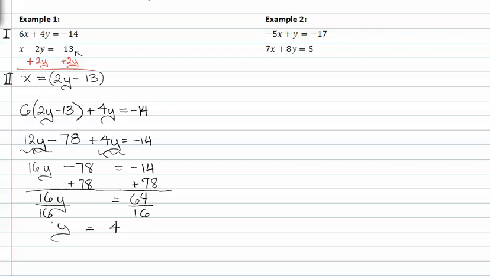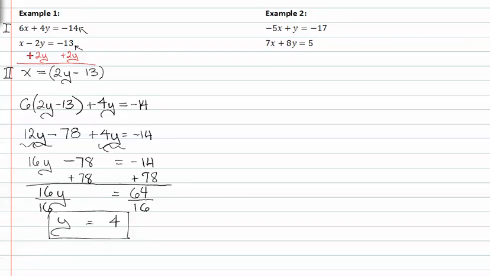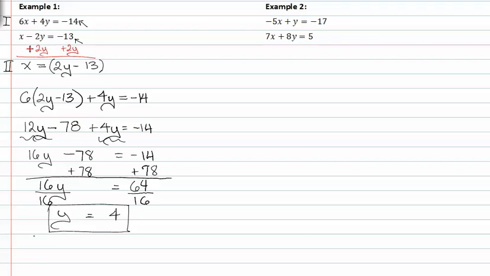Now that I have the value for y, I can substitute that into my first equation. This would give me 6x plus 4 times y, which we know is 4 now, equal to negative 14.